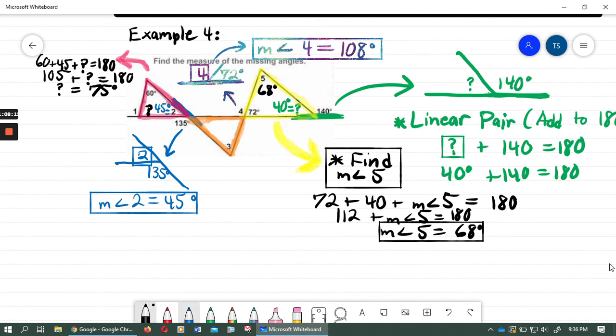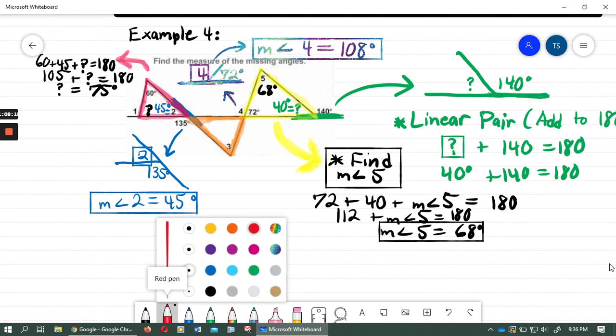And I told y'all this problem was going to seem like it was on steroids, as in it's asking you to do a lot, and it is. I get that, but I told you guys you might see some problems like this, and I just want you to be prepared.